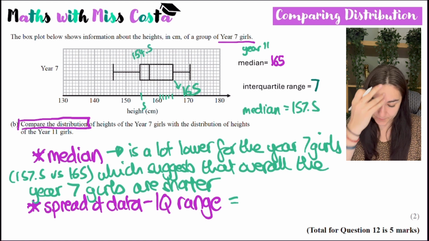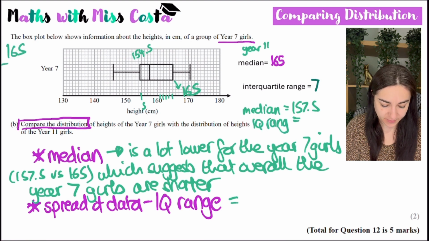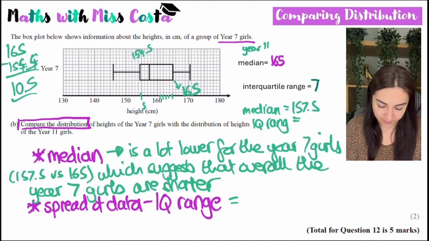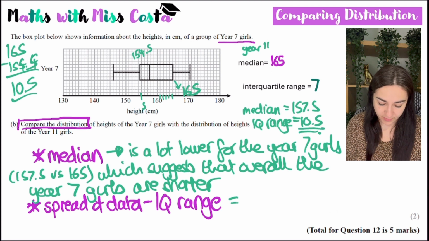Okay, so the interquartile range for the Year 7 girls is going to be 165 take 154.5, which is going to give me 10.5. So the interquartile range for the Year 7 girls is 10.5.